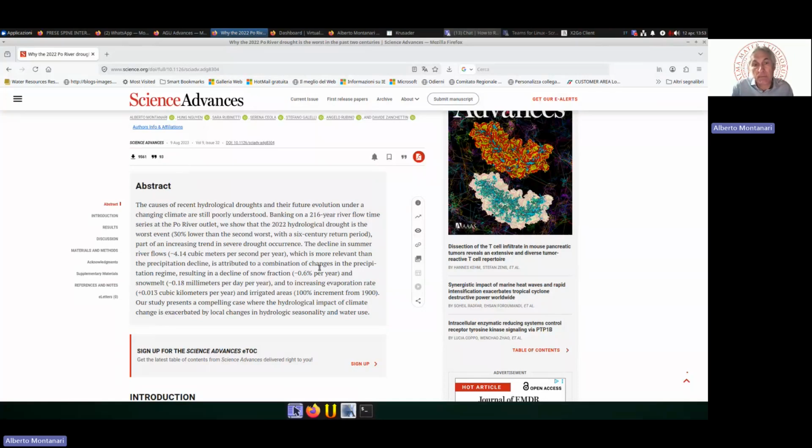Second sentence: banking on a 216-year river flow time series at the Po River outlet, we show that the 2022 hydrological drought is the worst event. I'm skipping the sentence included in parentheses. The worst event, part of an increasing trend in severe drought occurrence.